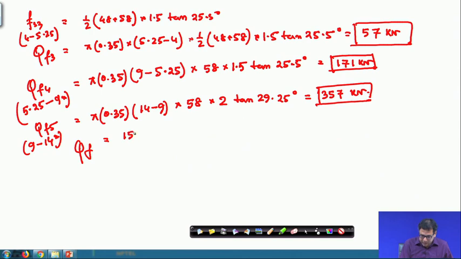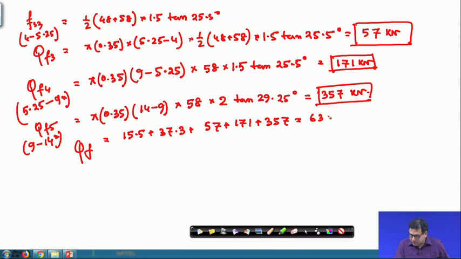So, I can add this, 15.5 plus 37.3 plus 57 plus 171 plus 357, that is equal to 638 kilonewton.